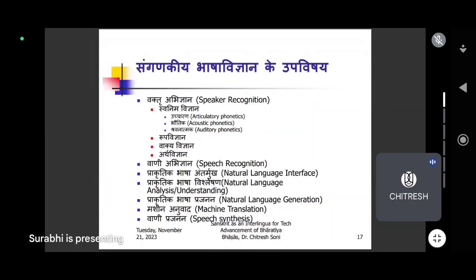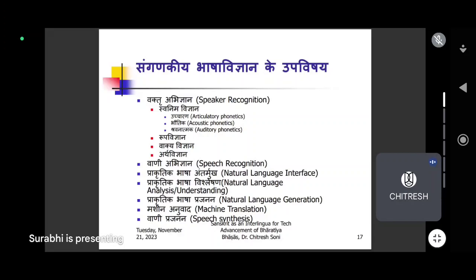Okay, so these are all the subjects, vishayas, of computational linguistics. Vaktri Abhigyan, speaker recognition. Then articulatory phonetics, acoustic phonetics, how we speak and how the meaning and the phones are transferred, and then auditory phonetics, how they are perceived by the human ear and through the mind.